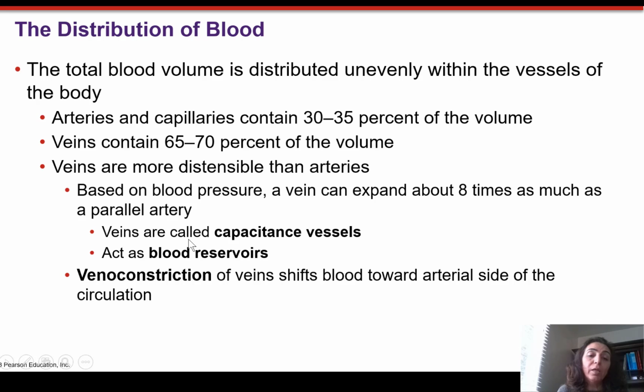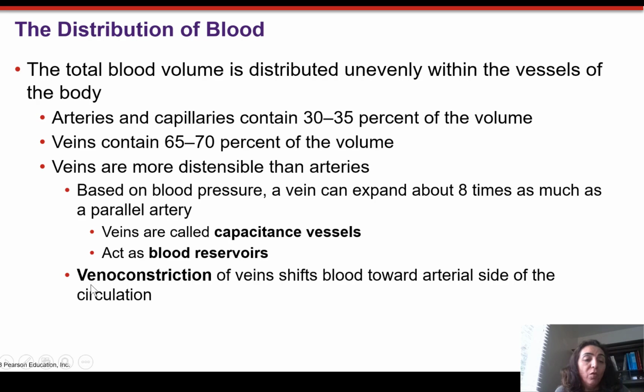And the veins are called capacitance vessels because they have a huge capacity. They can expand and accommodate more blood when it is needed. So in general, the veins act as a blood reservoir. Whenever the body needs more blood to circulate in the arterial system, it can come from the veins and get into the circulation.